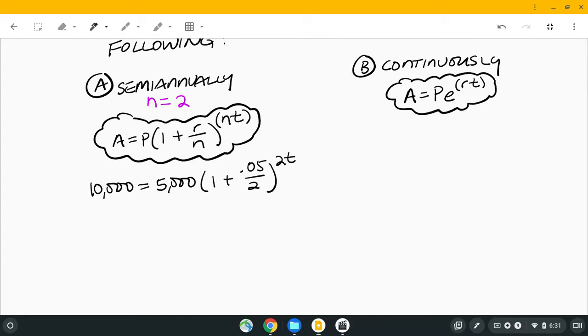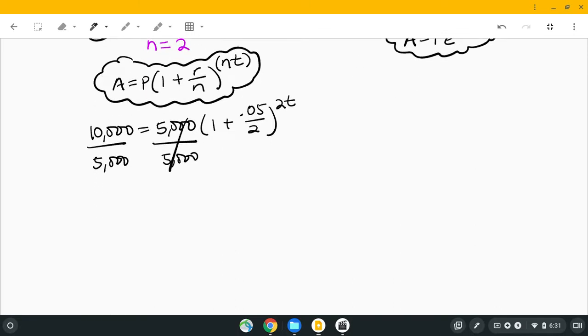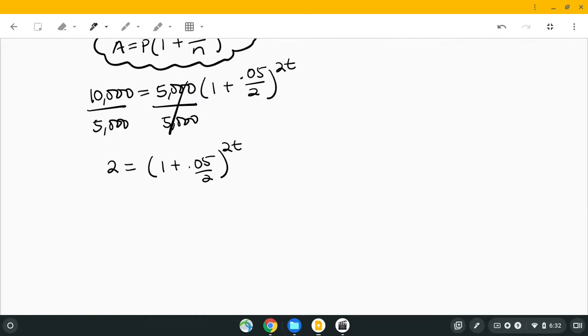Over here, we're going to divide both sides by 5,000. So I get 2 equals 1 plus 0.05 over 2 to the 2t.